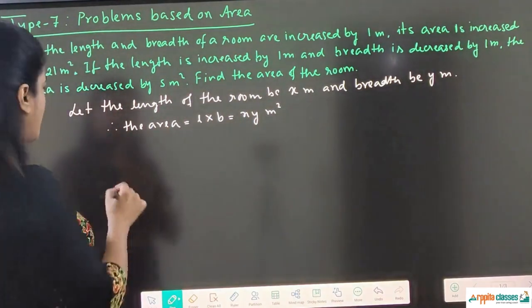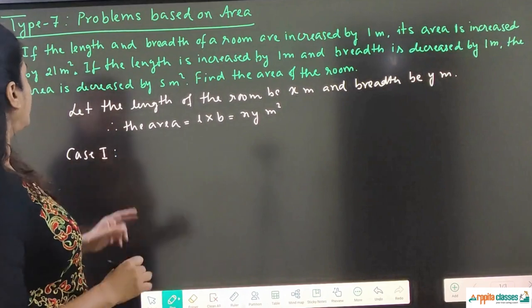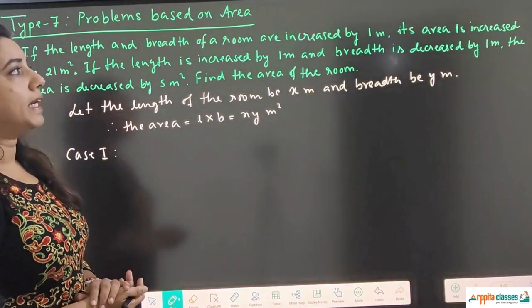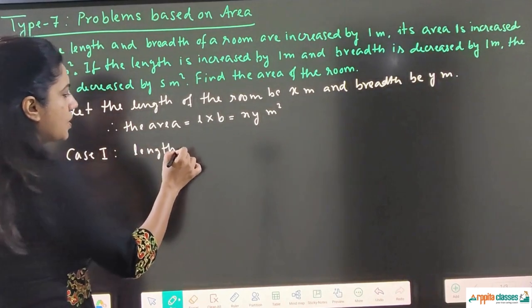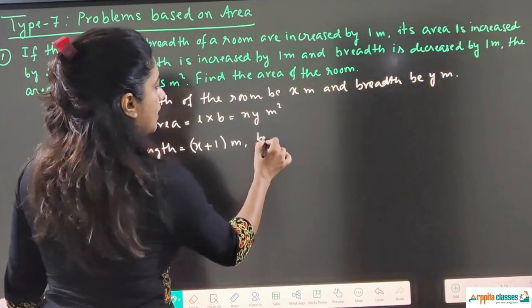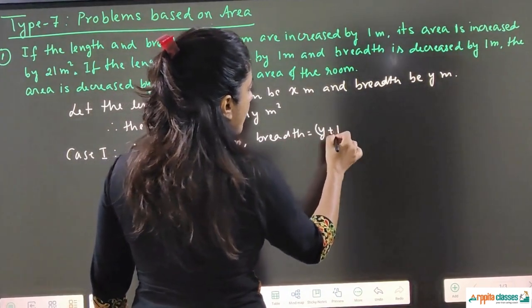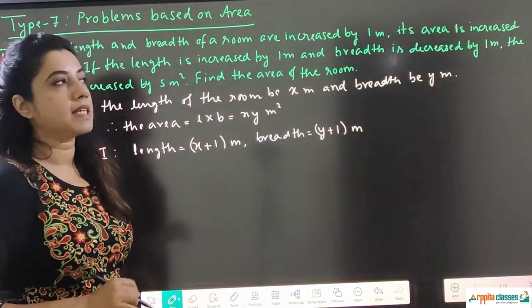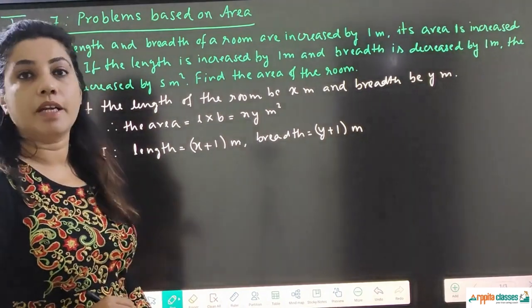Now we'll apply the first condition, that is case 1. What they say, if the length and breadth of a room are increased by 1 meter, so in case 1 the length becomes x plus 1 meter and the breadth becomes y plus 1 meter. Both length and breadth are increased by 1 meter. Its area is increased by 21 meters square.